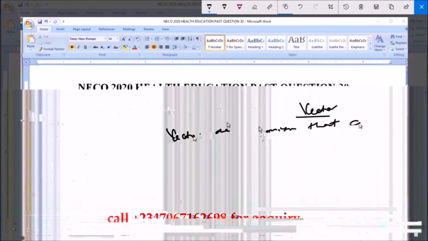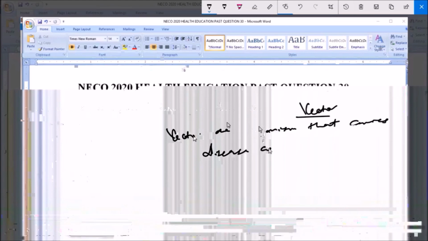A disease vector. So we can say vectors are organisms that carry disease-causing organisms.